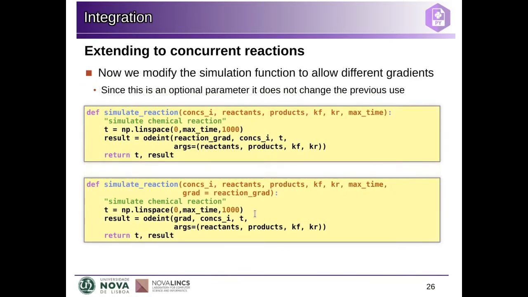So this is another trick that you can use if you want to change your code in a way that doesn't affect the previous usage, but allows you to have more functionalities. You can add parameters that have default values in a way that keeps everything the same if those parameters are not being used. So all your old code should work the same, but now your new code can use this new functionality on these functions.